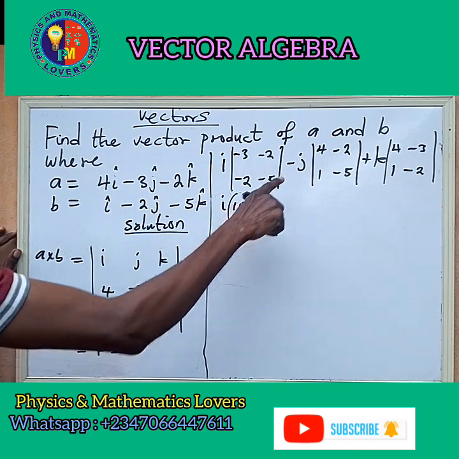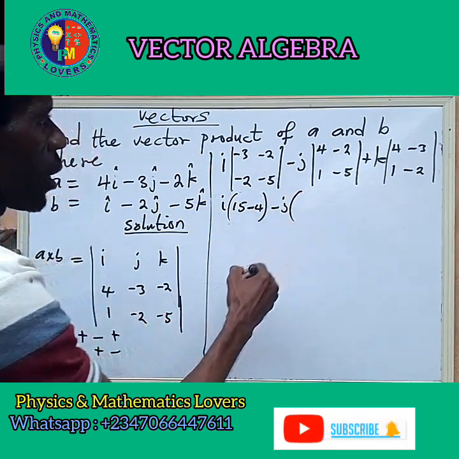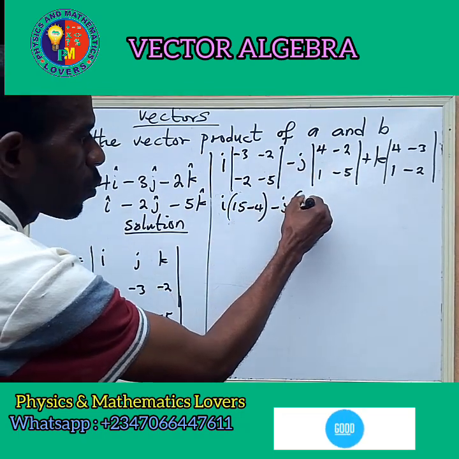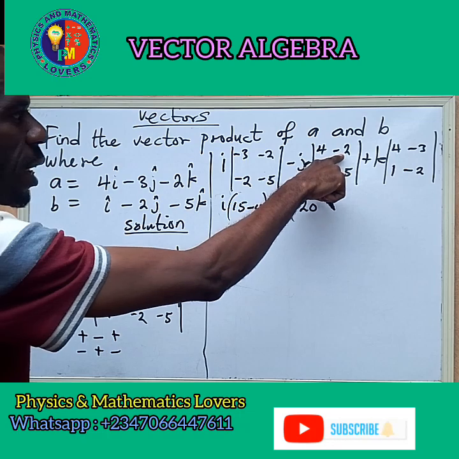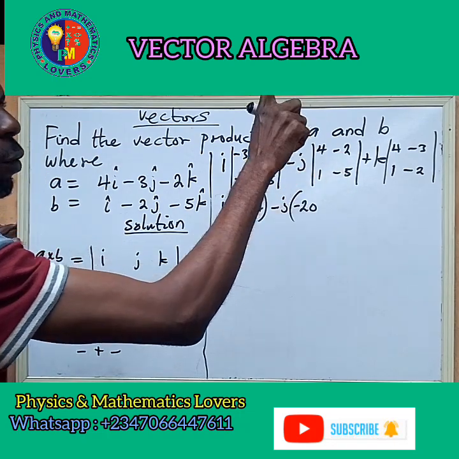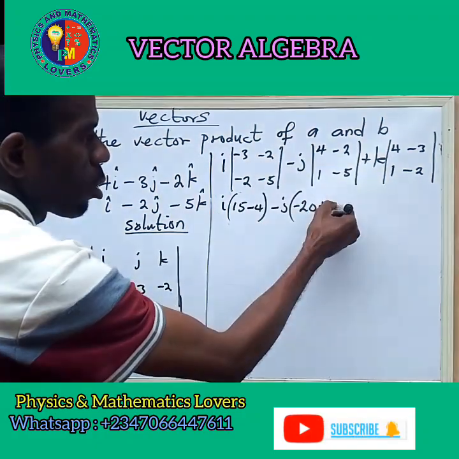Then let's move to this one, which is minus j. Multiplying 4 times minus 5 is negative 20. Now negative 2 times 1 is negative 2, and because of the minus that we're subtracting, it becomes plus 2.